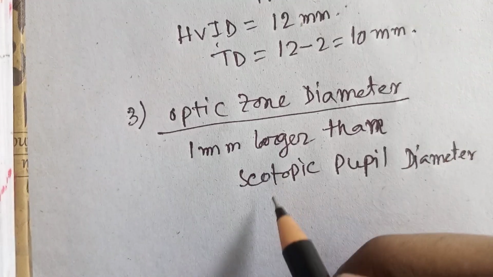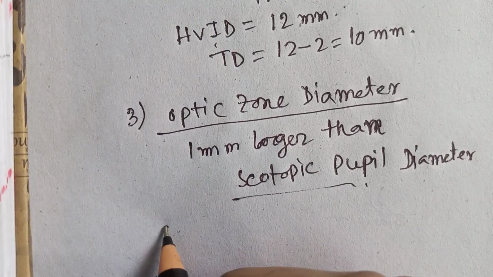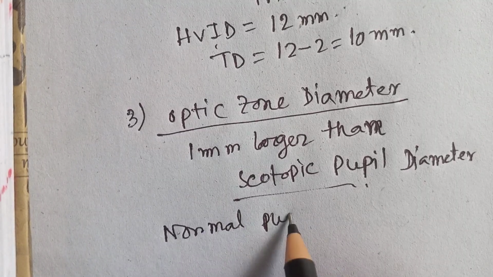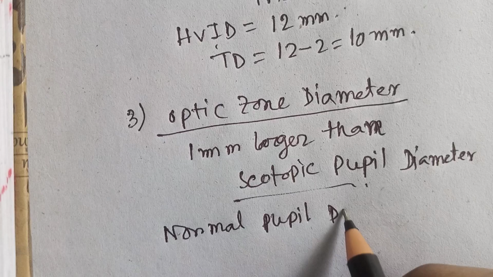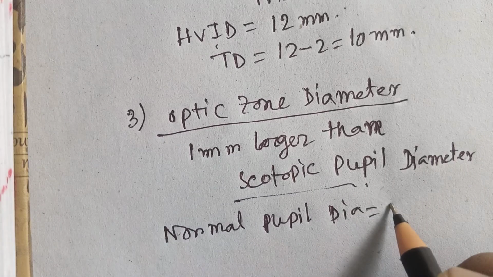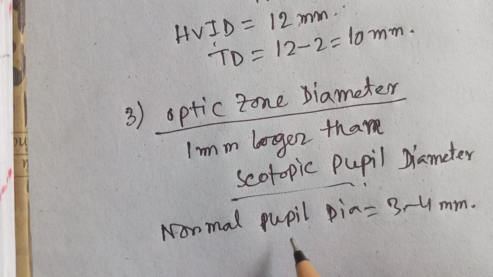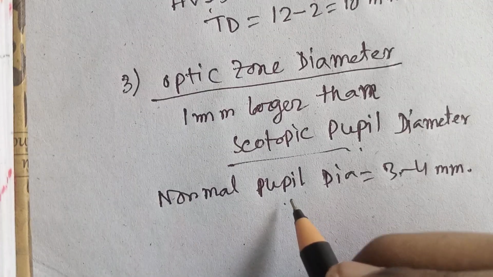Now what does this scotopic pupil mean? The normal pupil diameter is about 3 to 4 mm, but the pupil diameter can be measured in three conditions.